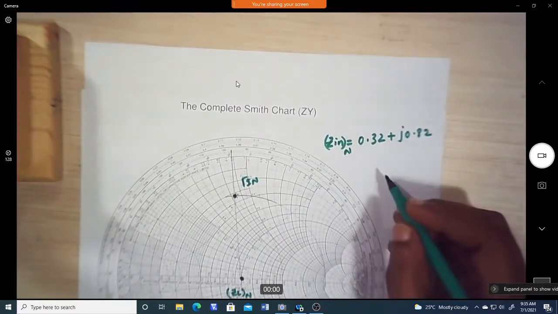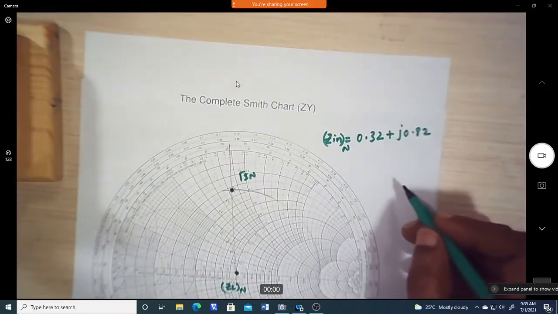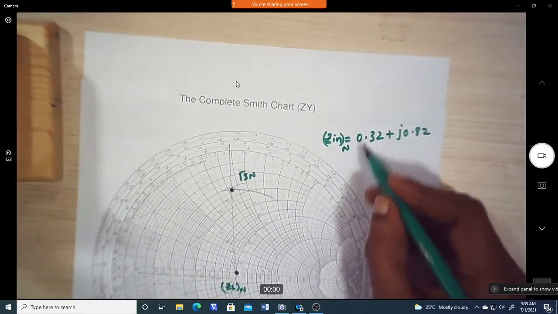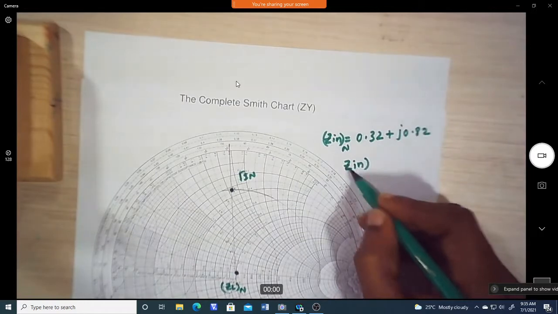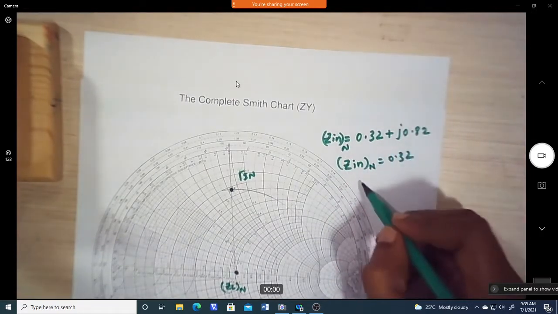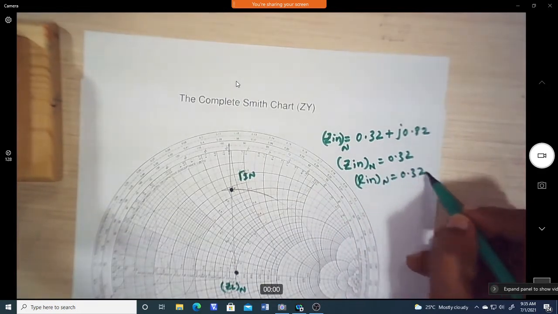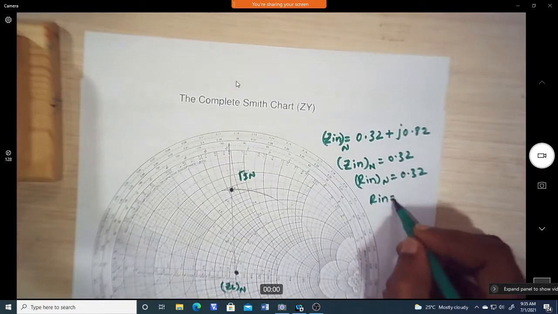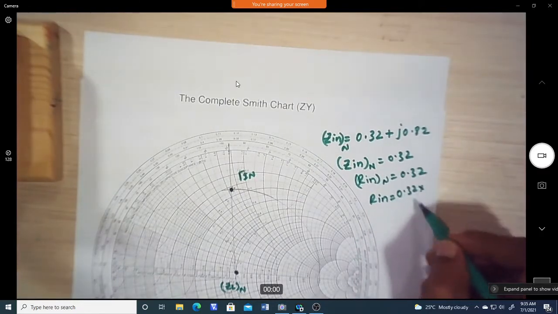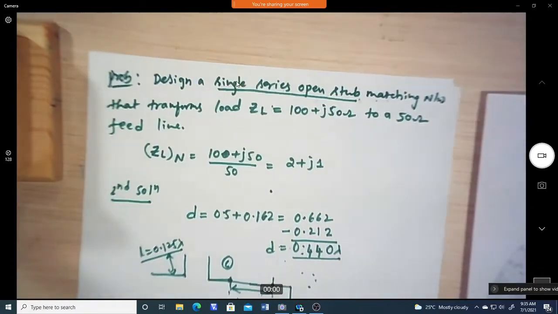So in order to find out the characteristic impedance of the quarter wave transformer, now we take the real part of this. So normalized input impedance 0.32, that is R in. So R in normalized which is 0.32, and we can find out what is R in absolute value which is 0.32 into 50. Okay, so that is the first thing we need to do.